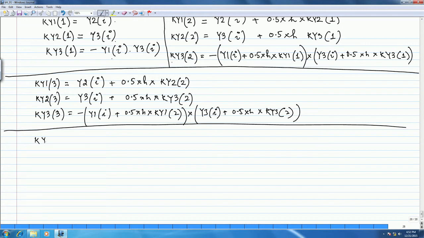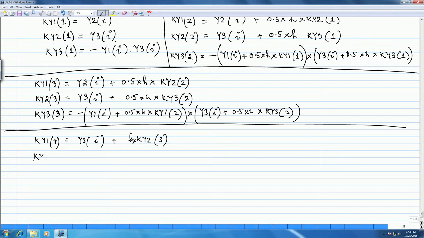So again ky1 at 4 is nothing but y2 I, right, plus that is delta eta, okay, ky2 3, right. Let's just put a multiplication there.